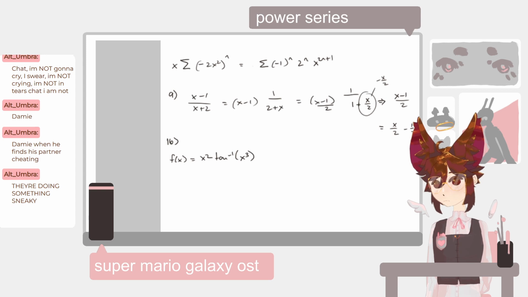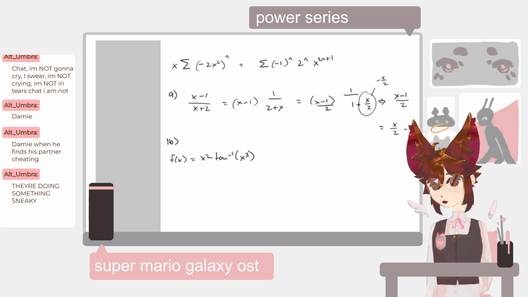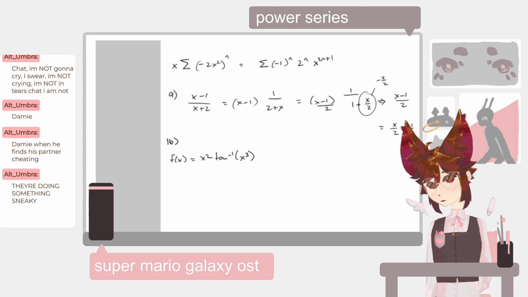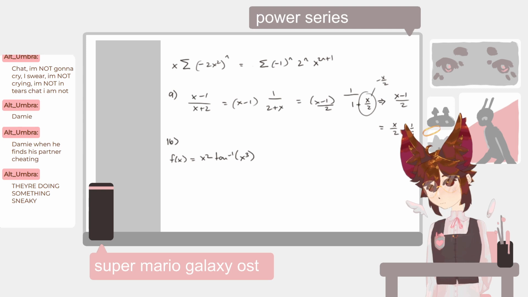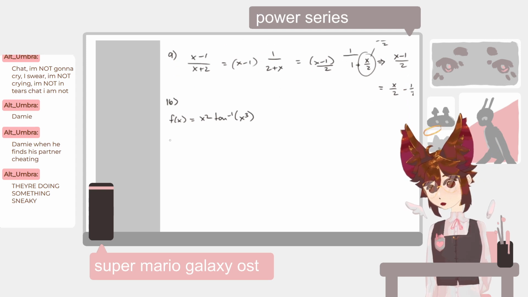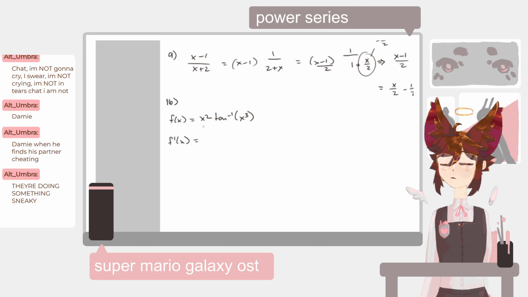I can't remember if it's a derivative or integral. Wait. Is it the derivative? If it's the derivative, I'm gonna be so happy. Derivative. Spelled that wrong. Let's go, okay, that's so much better. Oh, I was so worried.